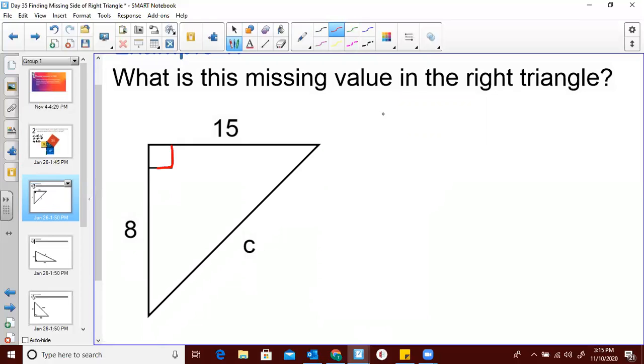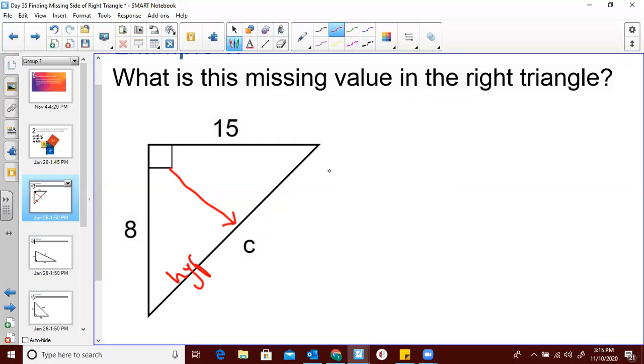What we can notice in this question, it does not say not drawn to scale, and it has this right angle symbol in it, which means that it's telling us this is a right triangle. But we have to figure out what the value of C is that makes that statement true. When I draw my line from my right angle symbol, that's going to be my hypotenuse.